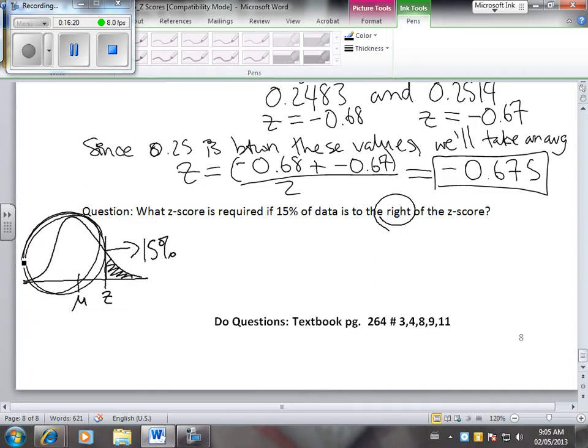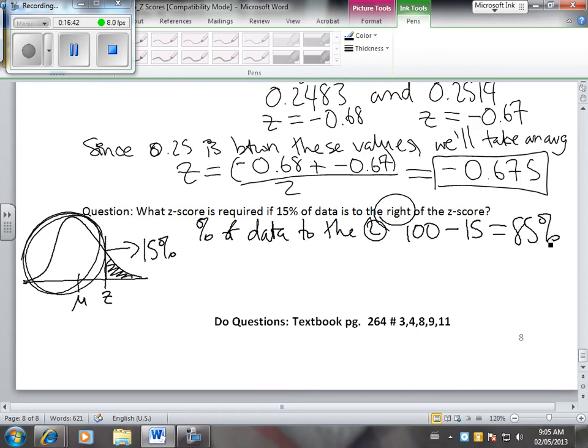What I have to do is the percent of data to the left is going to be 100 minus 15, right? If to the right is 15, then to the left is 100 minus that, because 100% of the data has to be underneath. And we get 85%. So then 85% is to the left. So then we can find that on the Z table. We do 85 divided by 100, and we get 0.85.